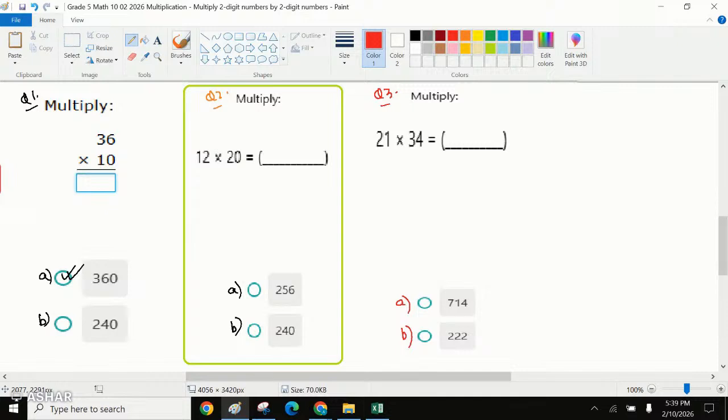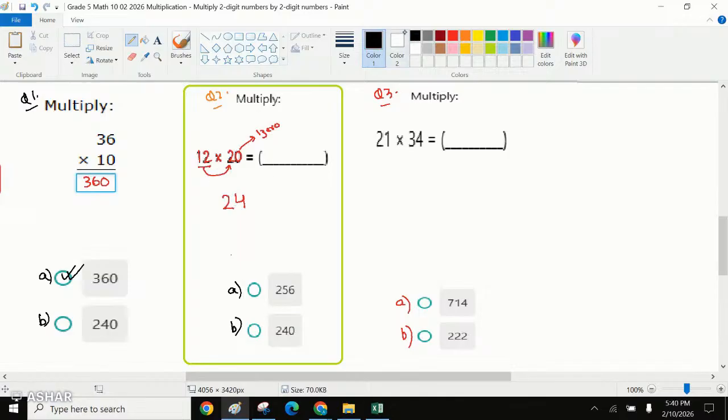No, it cannot be option number A for question number 2. Why? That had to be 360, right? When it says 12 is multiplied by 20, how many zeros do we see? 1 zero, right? 2 multiplied by 2 is 4. 2 multiplied by 1 is 2.